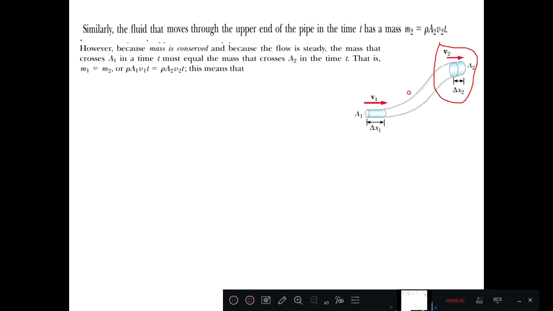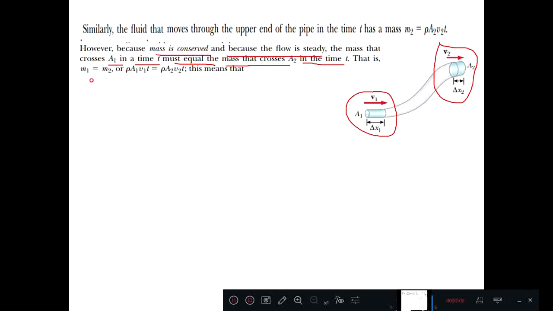However, because mass is conserved and because the flow is steady, the mass that crosses the cross-sectional area A1 in time t must equal the mass that crosses A2 in time t, that is m1 equal to m2, because of the law of conservation of mass.